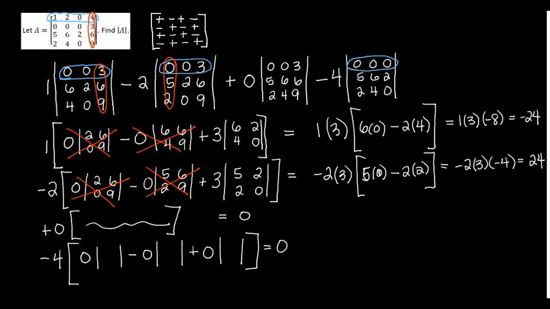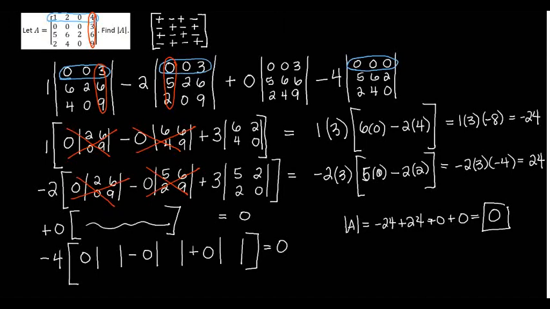Adding in the negative 24, the 24, the 0, and the 0, the determinant of A then, negative 24 plus 24 plus 0 plus 0 equals finally 0. This matrix does not have an inverse. And that's what we can tell from the fact that the determinant is equal to 0.